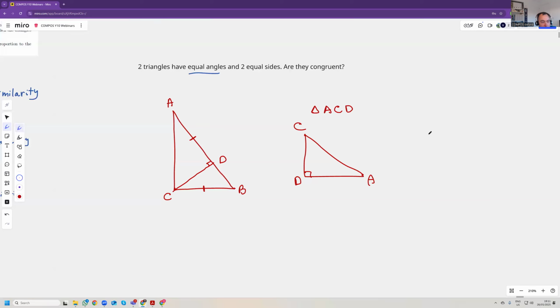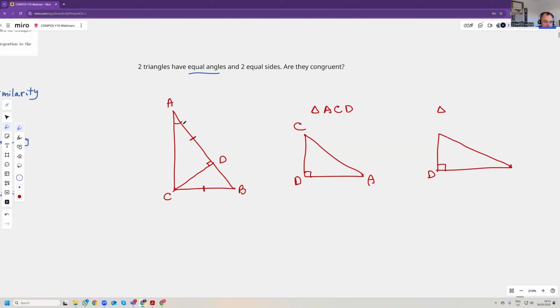And triangle CDB, so that is definitely D, and CBD.